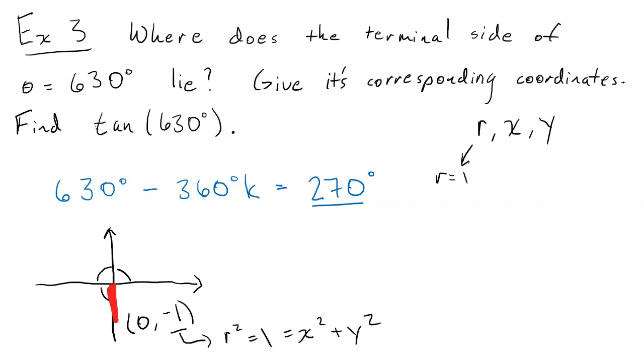Since it's on the y-axis, x is 0, and y is then positive or negative 1. If it's on the positive y-axis, it's a positive 1. If it's on the negative axis, it's a negative 1.